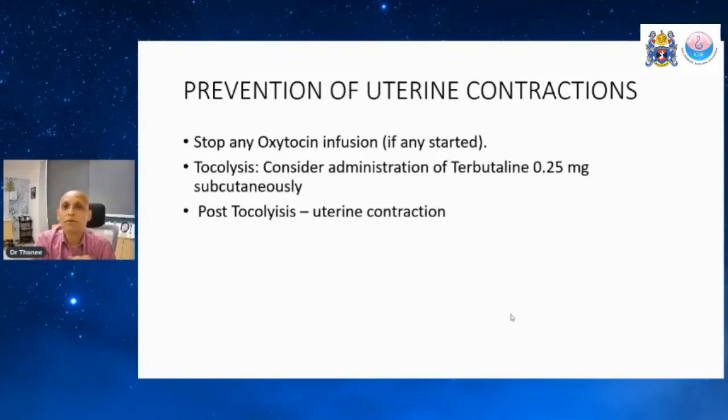The only problem when you use this drug is that after delivery, you might face some issues in uterine contractions or can cause postpartum hemorrhage. Then at that time, you need to use oxytocic agents.